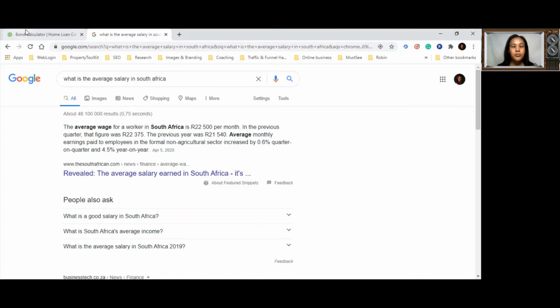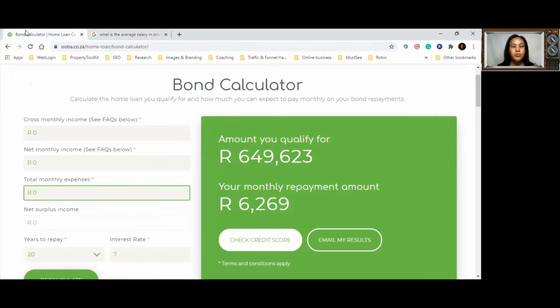Now we're going to move over to a bond calculator. So just now, what did we see is the gross monthly income of an average South African is 22,500 Rand. Now, in a hypothetical situation, I played around on a couple of income tax calculators just so I could get it really close to something. So I'm going to round it off to 19,000 Rand.